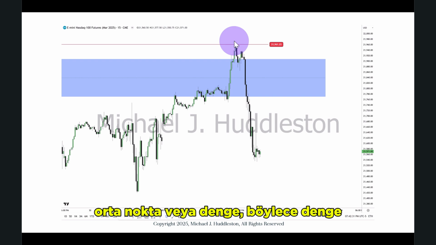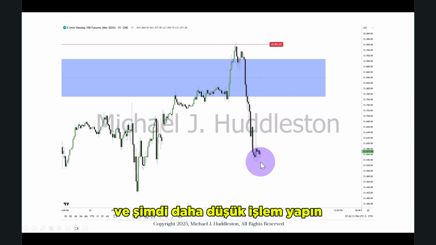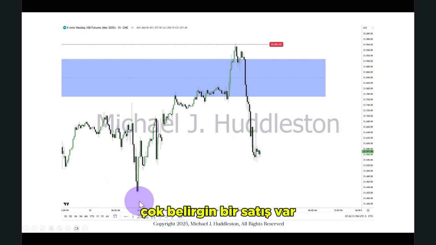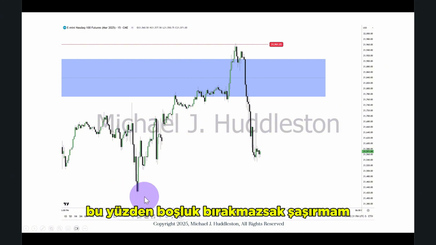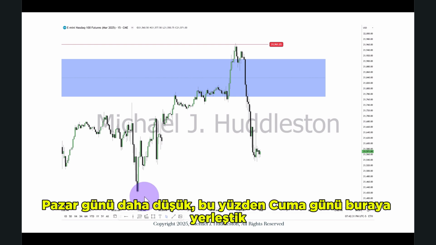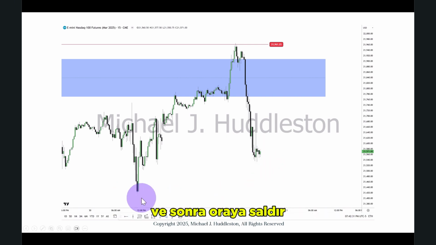So that equilibrium caused the market to turn sharply and break down and trade lower. Now there's a very obvious sell side liquidity pool resting right here. So I would not be surprised if we gap lower on Sunday. So where we settled here on Friday, we could open up significantly lower, okay, and then attack that there.